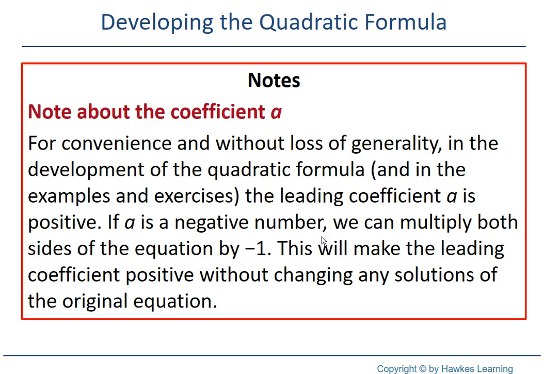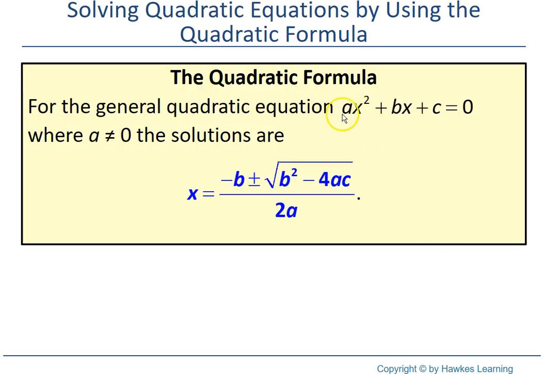Now, as we look at the quadratic equation, and we'll see that on the next slide, this letter A here, if it is ever negative, they are suggesting that if this were, let's say, a negative 2x squared plus 3x minus 5 equals 0, that you multiply the whole equation by a negative 1 to make your leading coefficient, this letter A, positive.